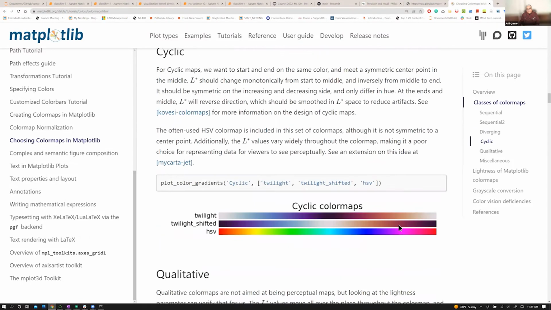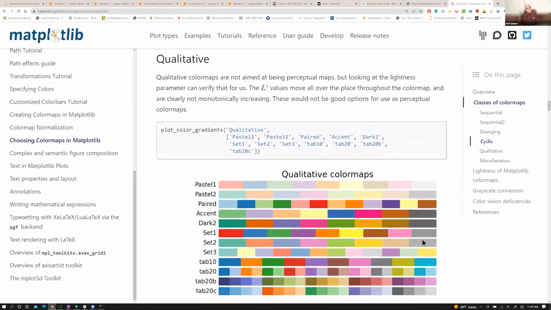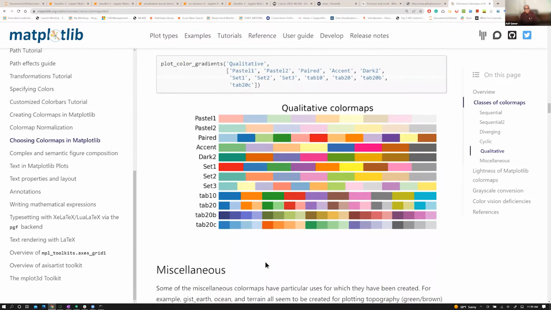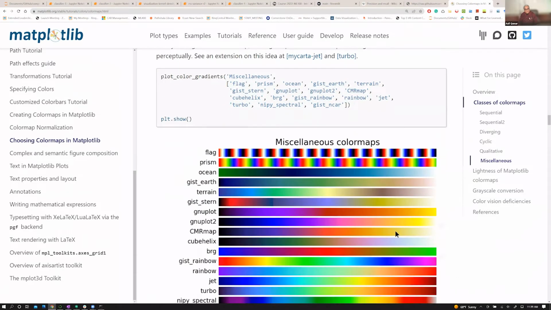You can have cyclic color maps, and then you can have discrete color maps. If you know that you're going to have only a few classes, you can pick things from discrete. By the way, these tab1, tab2, tab3 ones are the ones that the software Tableau tends to use, I think. And then there are miscellaneous color maps. You can use whichever one you like.